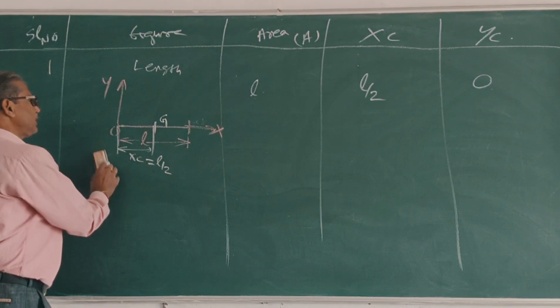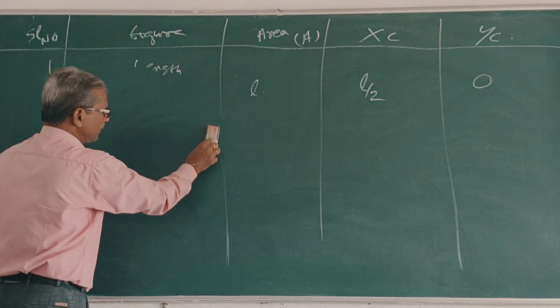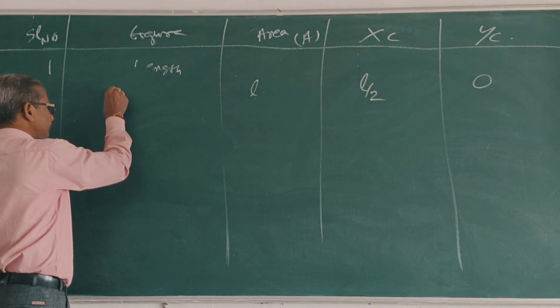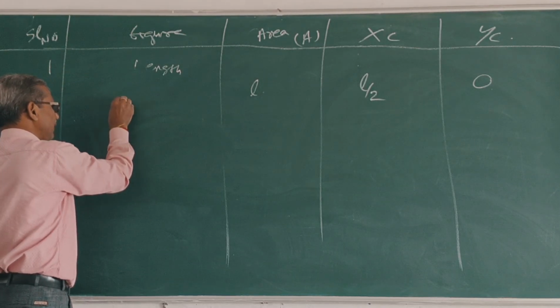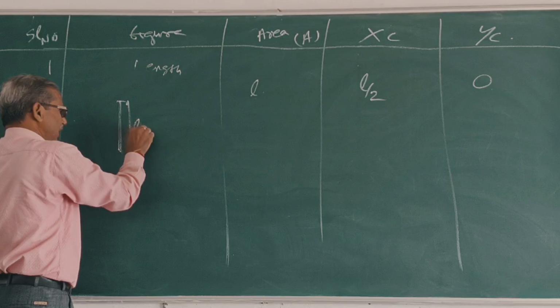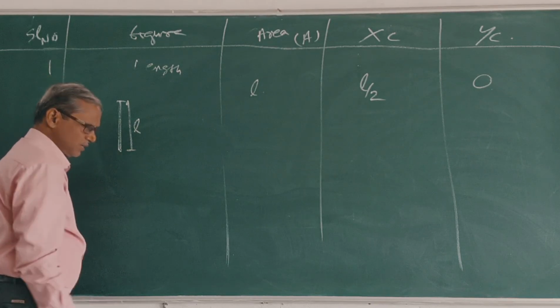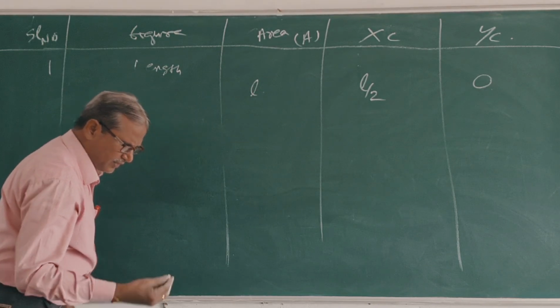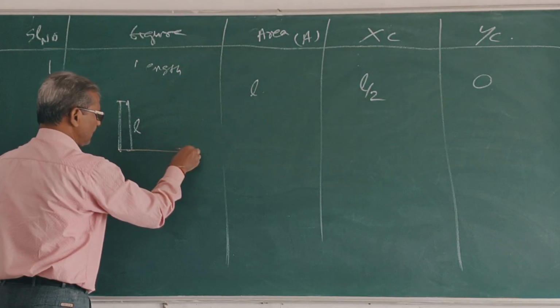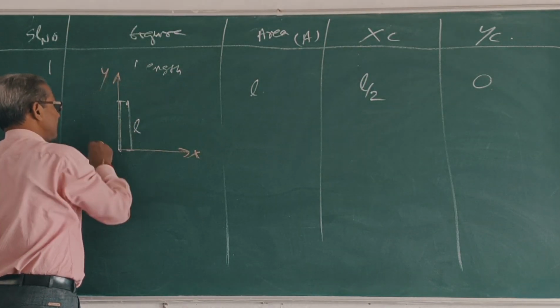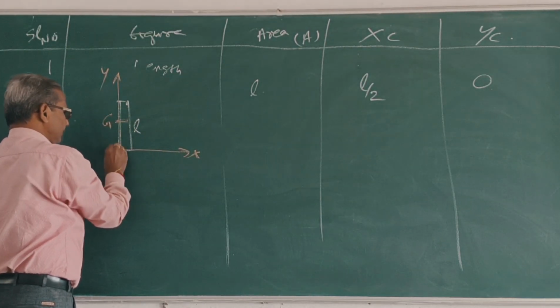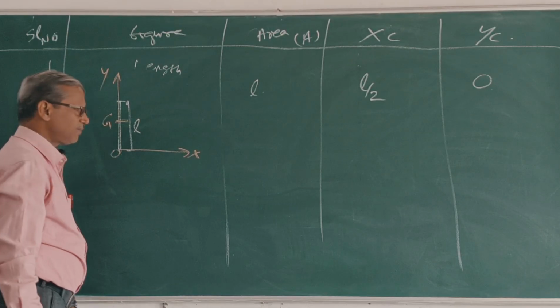Clear? If the figure is this type, L, how to find out this CG? So take this x-axis, this is y-axis. So CG lies here, this is origin. Clear?